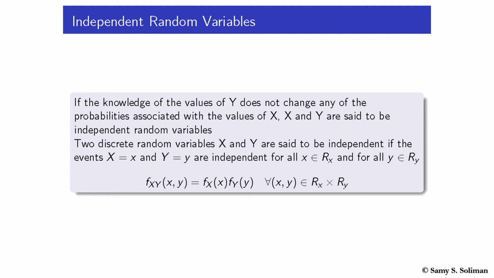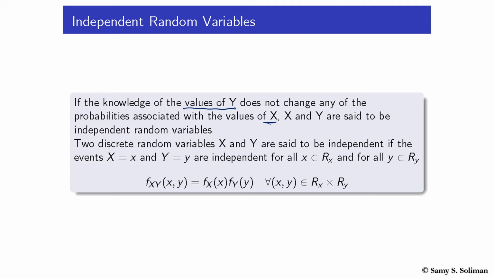Then in this case the two random variables are said to be independent. So again, if the knowledge of the values of y does not change any of the probabilities associated with the value of x, then x and y are said to be independent.